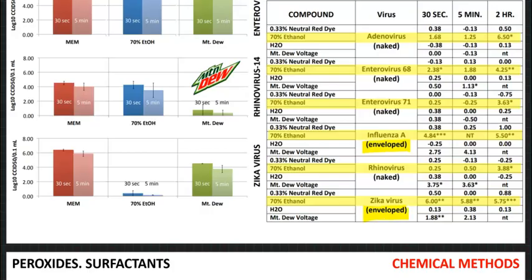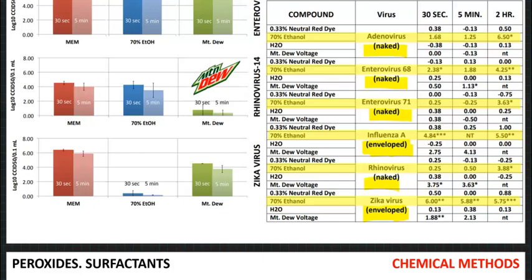So if you look at Zika and influenza, that's pretty substantial. That's like 6 logs, 5 logs, and then you start looking at the naked viruses, and for them the numbers are much more noticeable, okay?